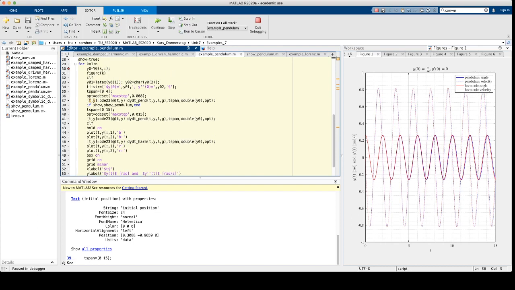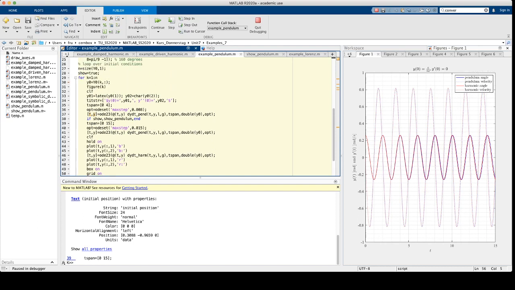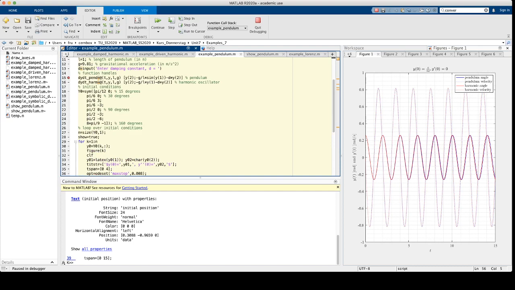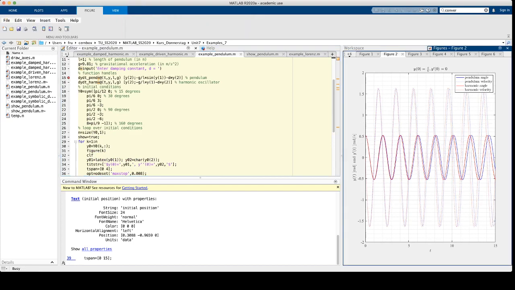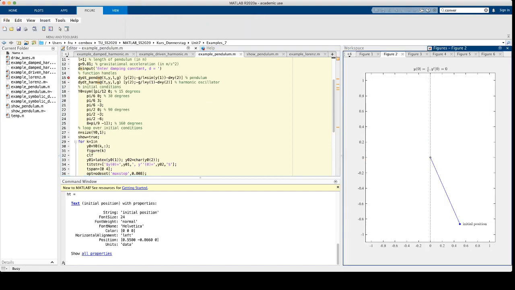Okay, let's pass to the next set of initial conditions. We have now 30 degrees of initial deviation. Initial velocity is still 0.